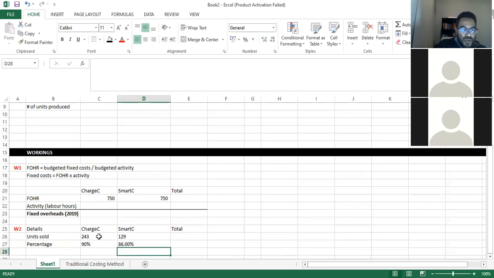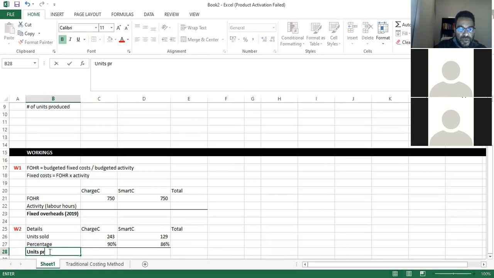So we were able to get the units produced. We'll just say units sold divided by 90%. So units produced in 2019: it'll be 243.